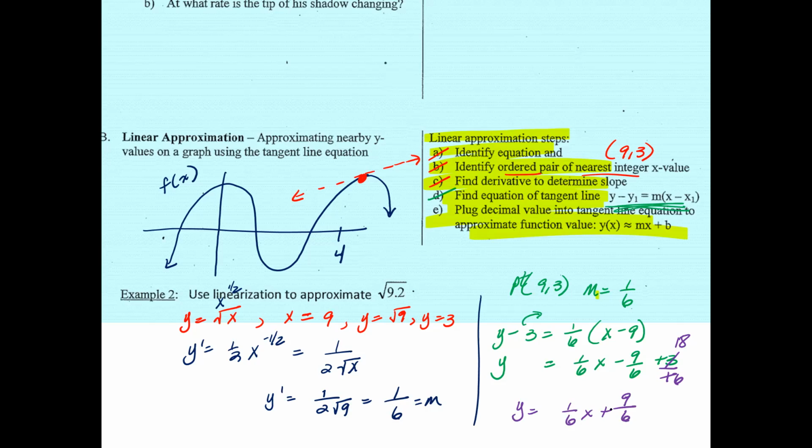And then since we're talking about approximation, so now we're ready to go ahead, E, plug in the decimal value. Your decimal value is not x equals 9, it is 9.2. So y equals 1/6 times 9.2 plus 9/6. Plug that into your calculator, and you should have that this is equal to 3.033. And this is how you can apply calculus with linear approximation.